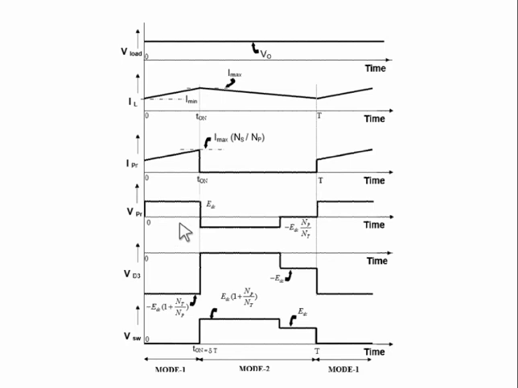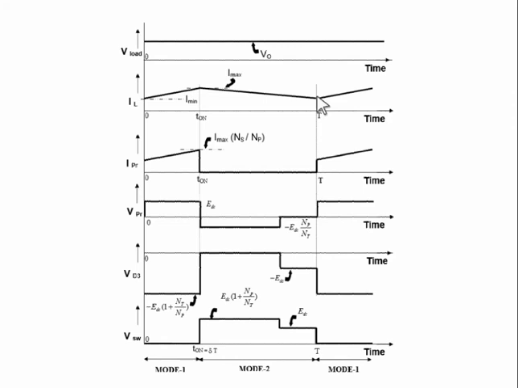So these are the switching waveforms of the forward converter. This is the load voltage, which is constant. When switch S is on, the inductor current increases linearly from this value to the maximum value. When at this point the switch is turned off, the current decreases linearly.